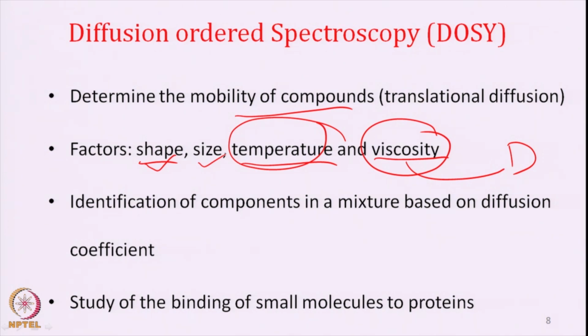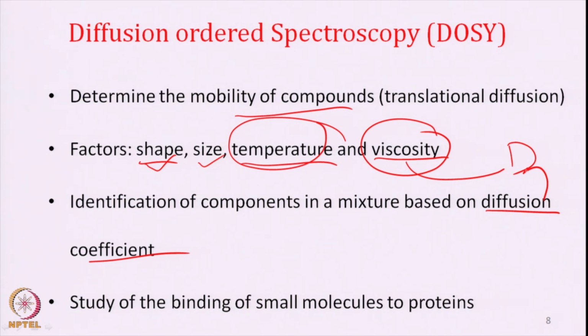So, using this diffusivity, or using the DOSY experiment, one can identify the components in a mixture based on this diffusion coefficient D. And of course, diffusivity can also be used for binding of a small molecule to a protein. In the last class we looked at the line shape changes, and we also looked at the STD concepts.